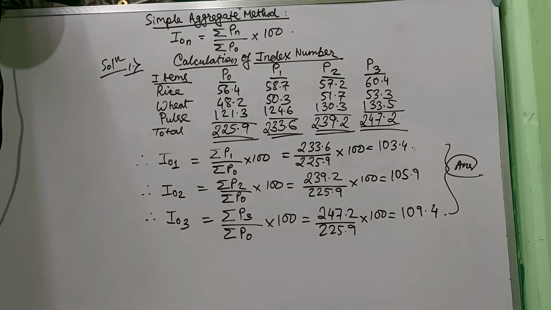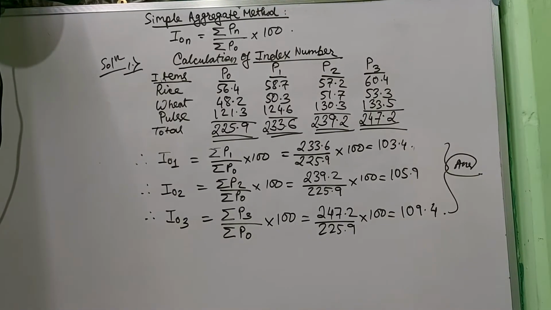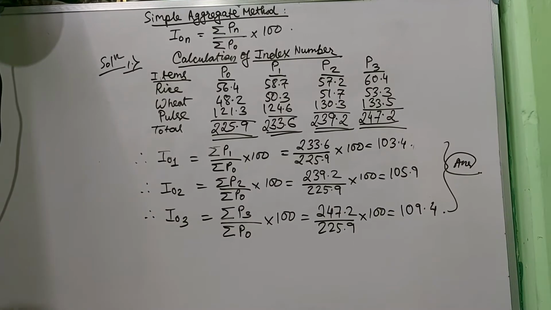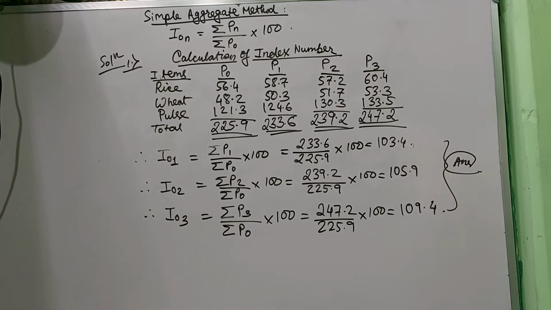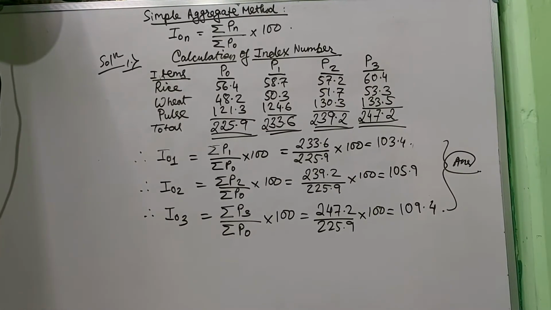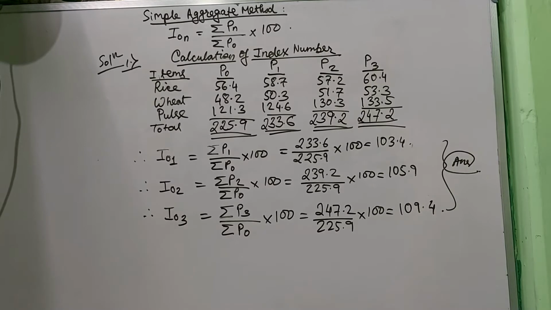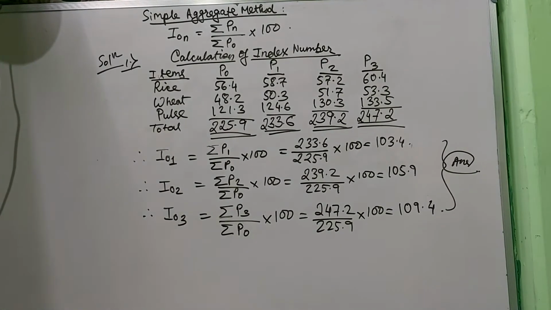Now coming to the next sum. From the following data, construct an index of 2008, taking 2000 as the base year using the simple aggregate method. 2000 is the base year and 2008 is the current year, and you have to consider the price index number, the same sum.